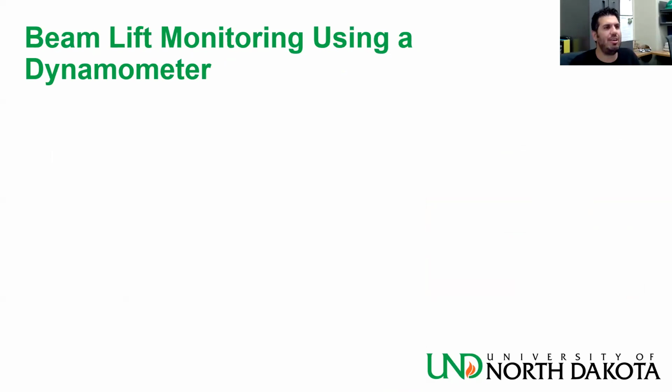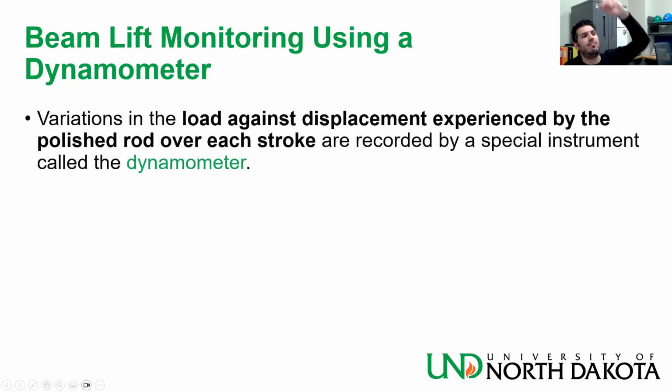Beam lift monitoring using a dynamometer. Now, how do I identify problems with a beam lift? There are people whose whole careers are dedicated to beam lift optimization. So I will use something called a dynamometer. Variations of the stress load against displacement experienced by the polished rod over each stroke are recorded by a special instrument called the dynamometer.